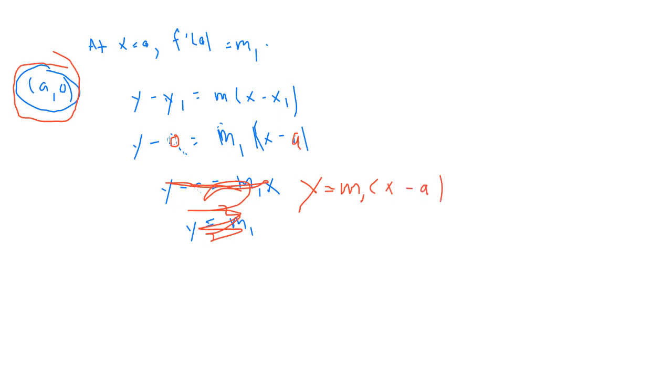This is an equation of the tangent line for that function f at the point a, 0. Again, this is the tangent line to the function f at the point a, 0. Let me just make sure I got everything in here okay. This is an a, right? Right.